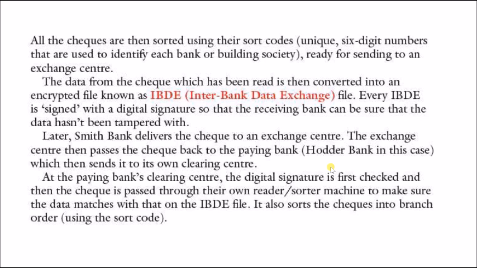At the paying bank's clearing center, the digital signature is first checked, and then the check is passed through their own reader sorter machine, which is the MICR, to make sure the data matches that on the IBDE file. It also sorts the checks into branch order using the sort code.